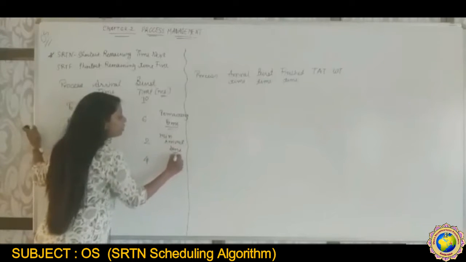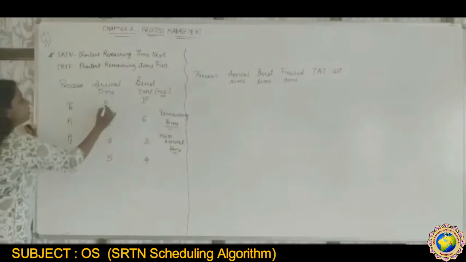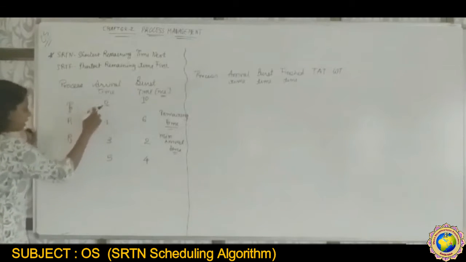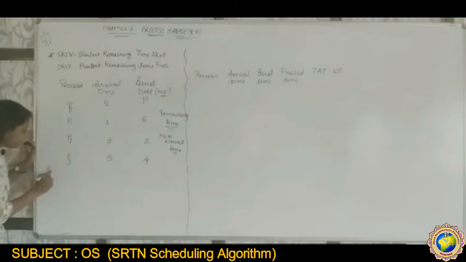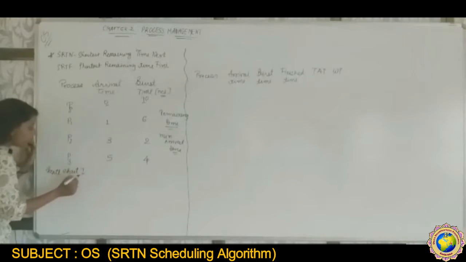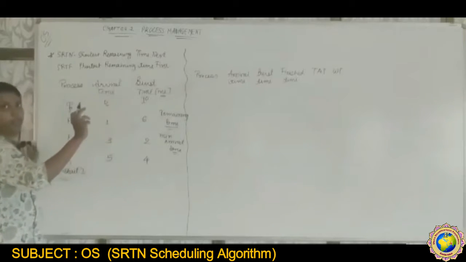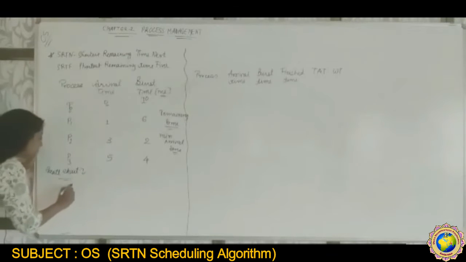Which is the minimum arrival time? That will be 0. So process P0 arrives at arrival time 0. For the finish time we have to draw the Gantt chart, and according to the Gantt chart we can get the finish time.